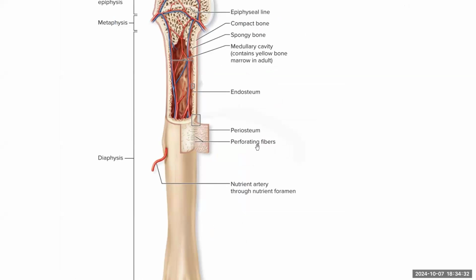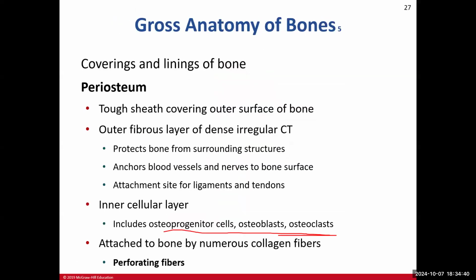They will attach the periosteum to the compact bone. Remember, the compact bone's the outer portion of the bone. These perforating fibers are made of collagen, so they're pretty strong. They allow the periosteum to essentially attach itself onto the compact bone on the outside. So those are perforating fibers.